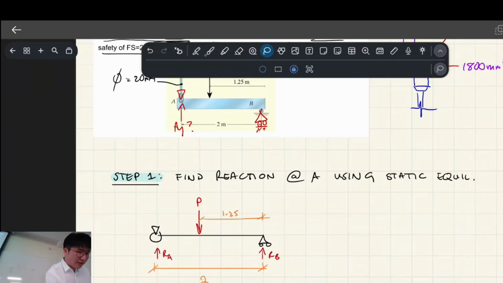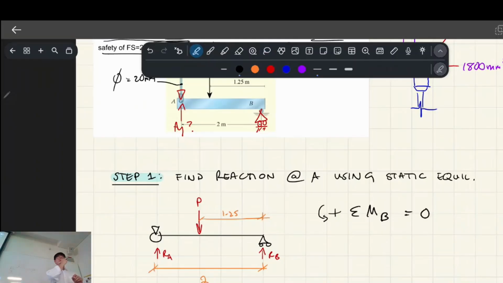Okay, let's take the sum of the moments at B, and we set it to be 0, because the whole system's static, which means nothing's moving. There's no acceleration on our system. So we take the sum of the moments equal to 0, and from our point of view, it's over here.